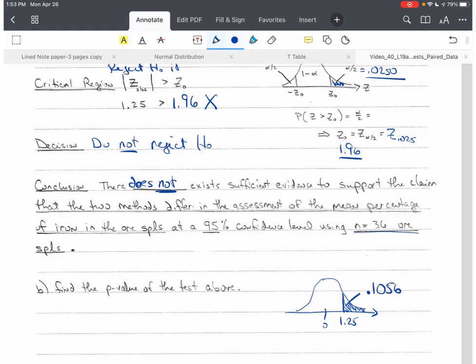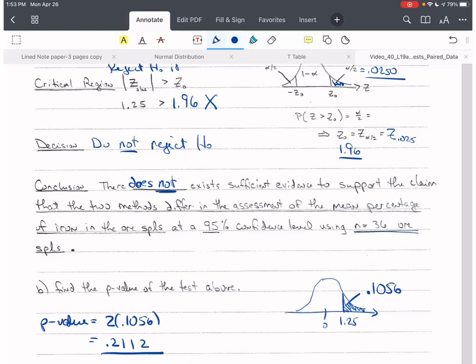So the p-value equals 2 times 0.1056, which is 0.2112.